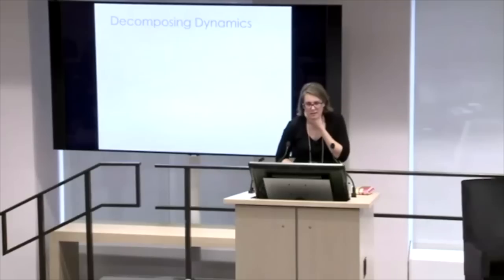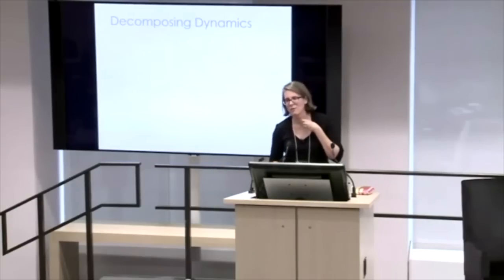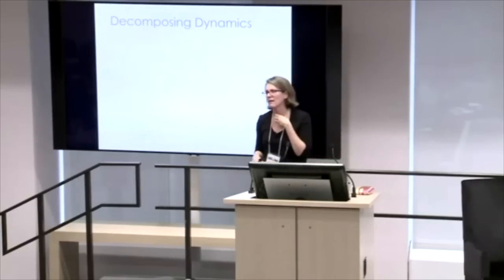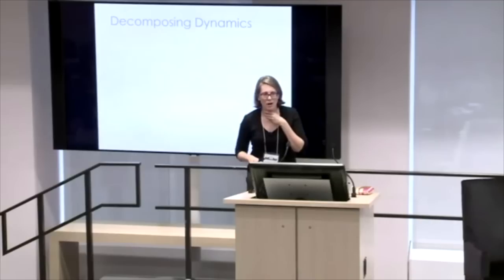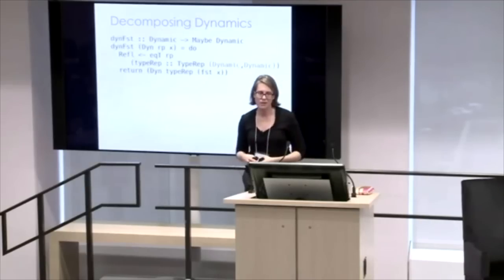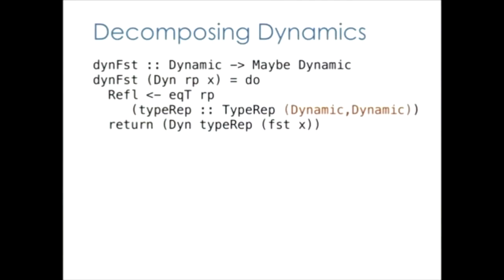Okay, let's think about the other way. What about taking these dynamics apart? Here's one way we could do it, and this type checks. We want to take a dynamic value, see if it's a pair, and if it is, project the first component out. How do we do that?